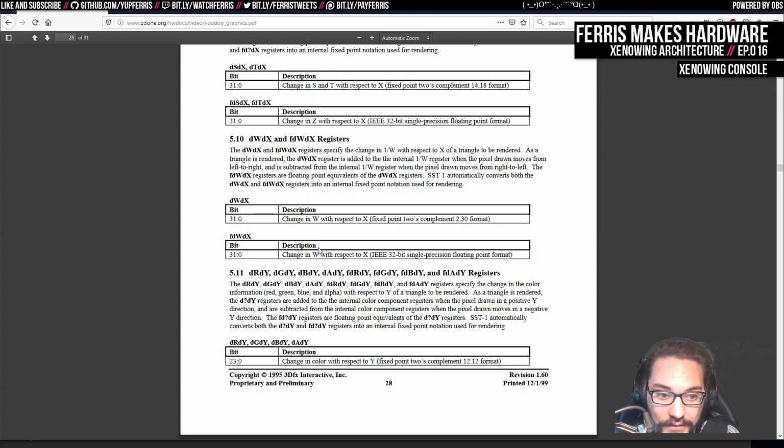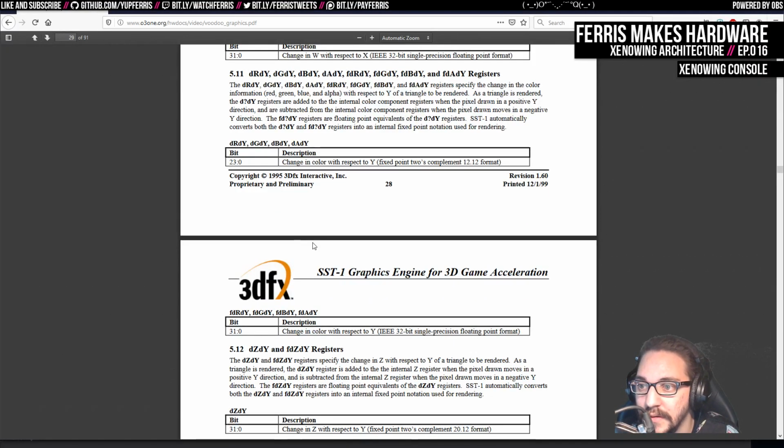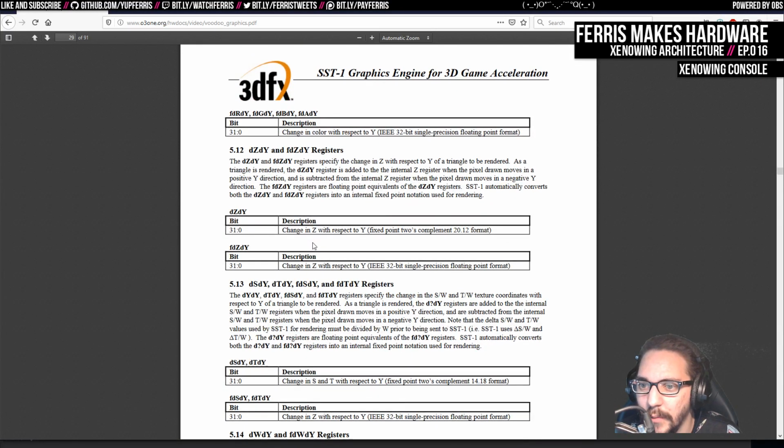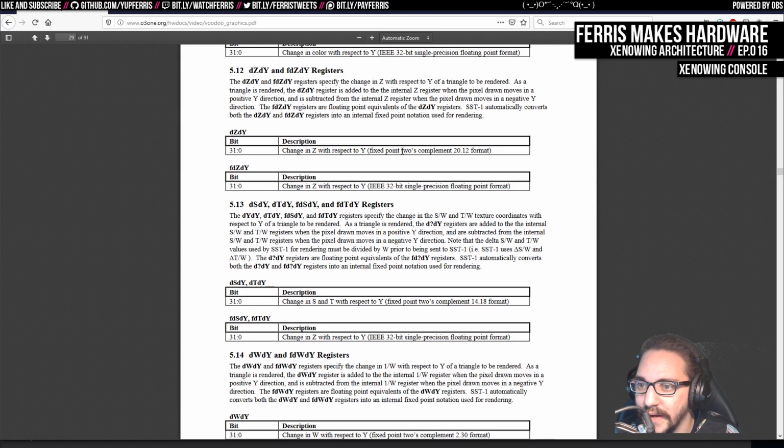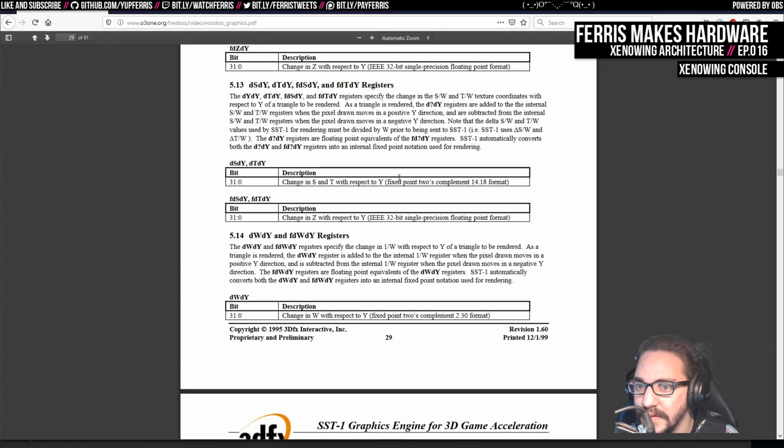Yeah, that's a good point. To try to find some Glide lib. Did Glide ever take these values directly? These fixed point representations? That'd be interesting.